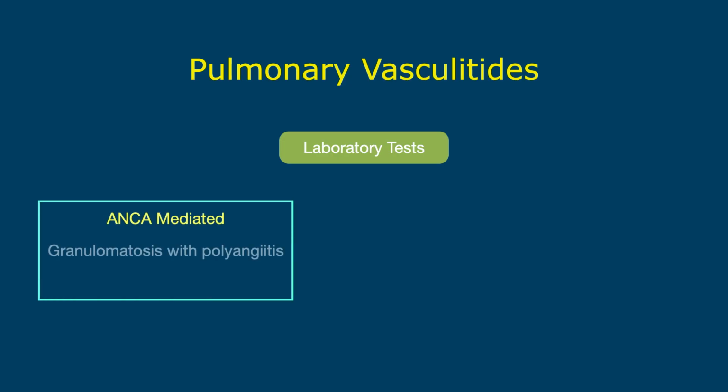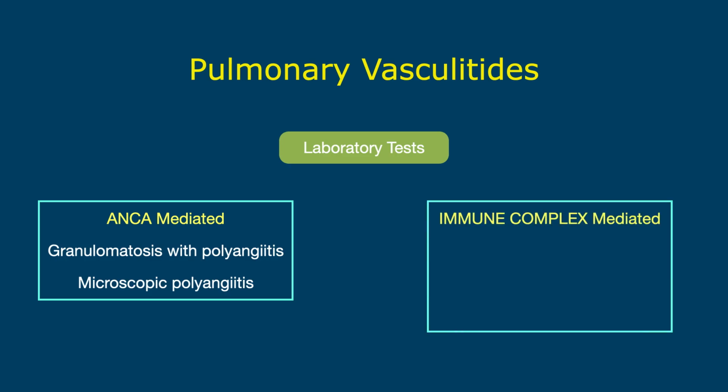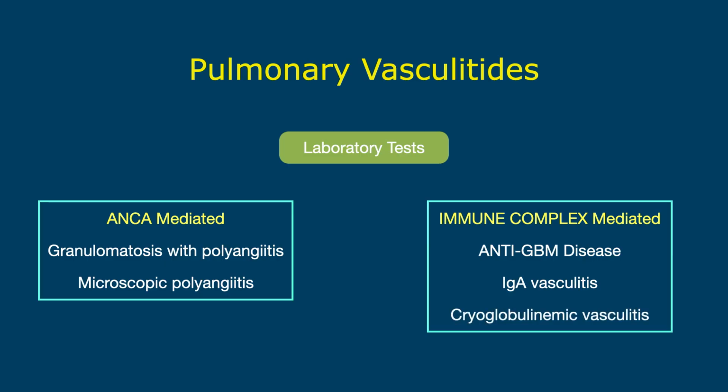Vasculitis can also be recognized based on a biochemical test called the ANCA test, which is the anti-neutrophilic cytoplasmic antibody test. The ANCA-mediated pulmonary vasculitis include granulomatosis with polyangiitis and microscopic polyangiitis, and immune complex-mediated pulmonary vasculitis include anti-GBM disease, IgA vasculitis, and cryoglobulinemic vasculitis.